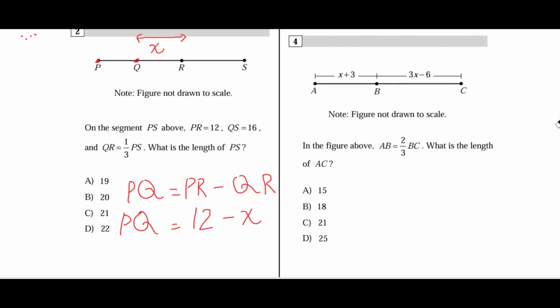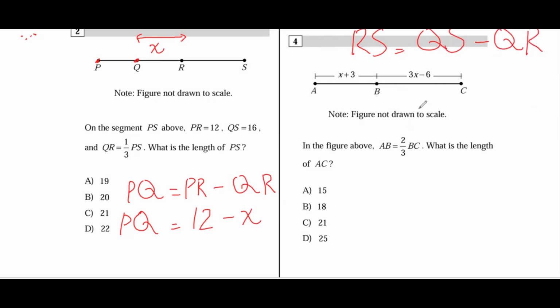So now PQ, we establish an equation: PQ equal to PR minus QR, and then PQ equal to 12 minus X. And similarly, we write RS equal to QS minus QR.